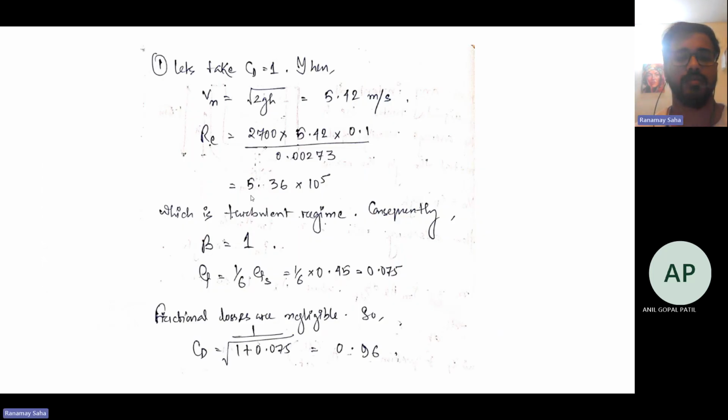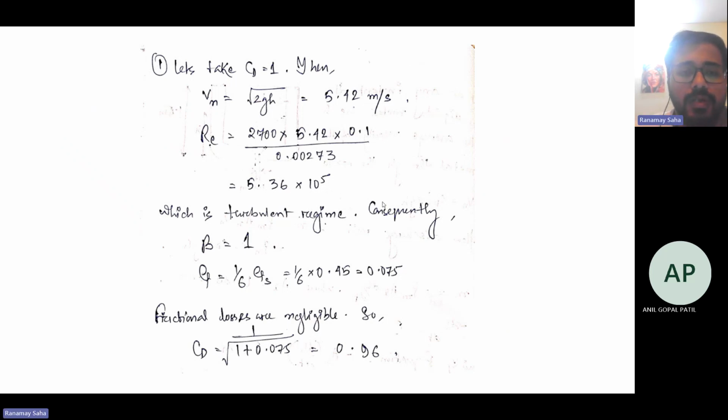We see that this number comes out to be 5.36 times 10 raised to the power 5. So this is the turbulent regime. The laminar regime is up to about 4,000, and beyond that, 10 to the power 5 or 6, we can set as the turbulent regime.